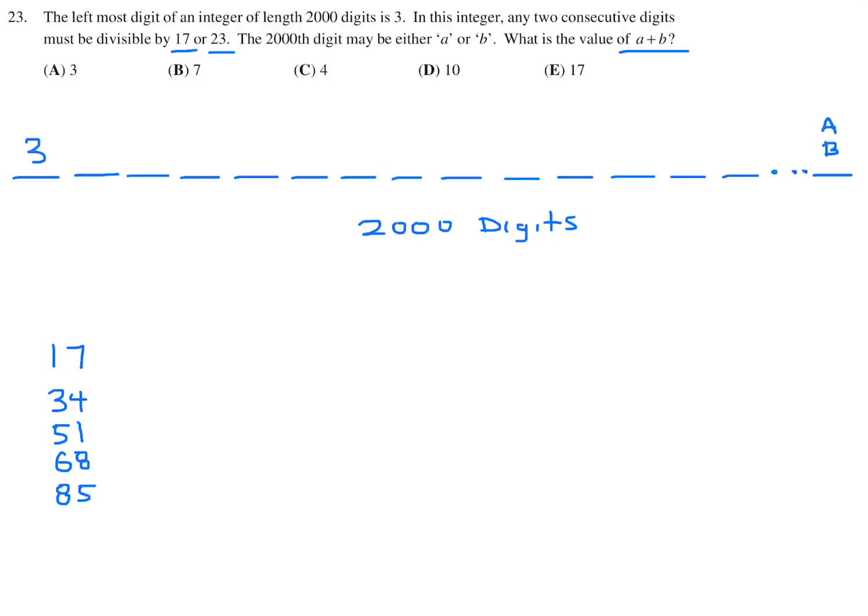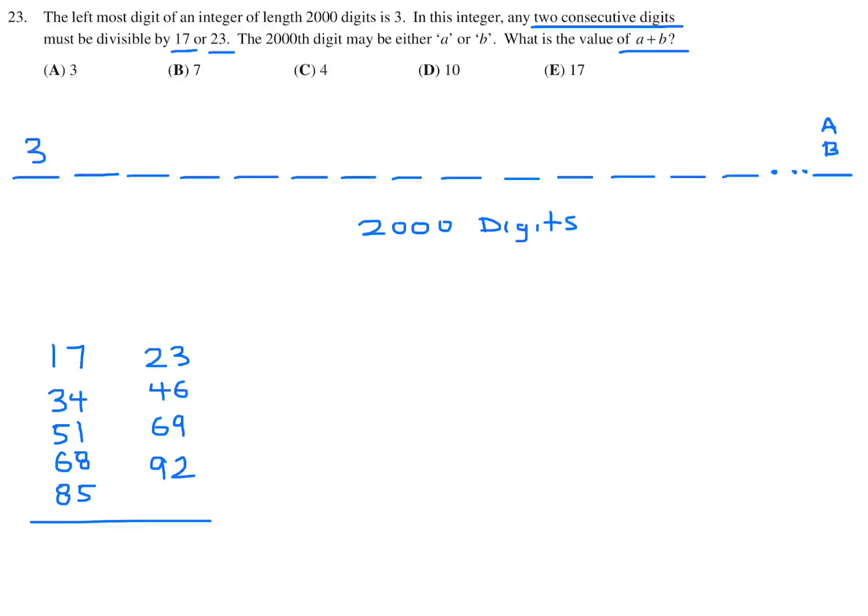We don't need to go any further because we only have to be concerned with 2 consecutive digits, so a two-digit number. Multiples of 23: 23, 46, 69, and 92.